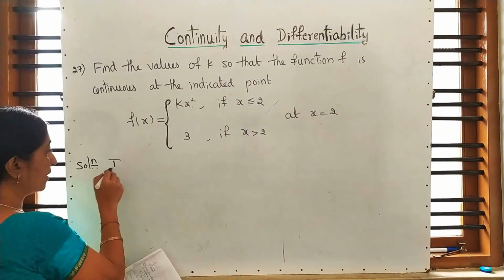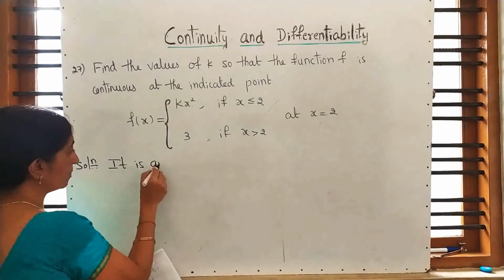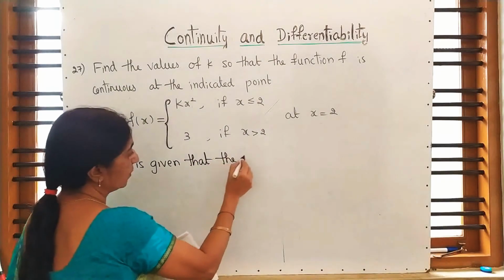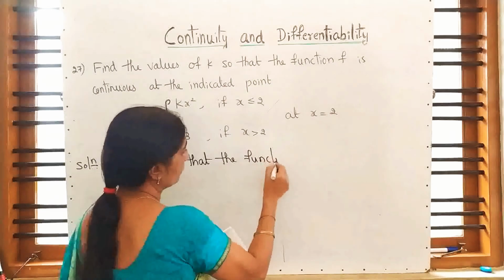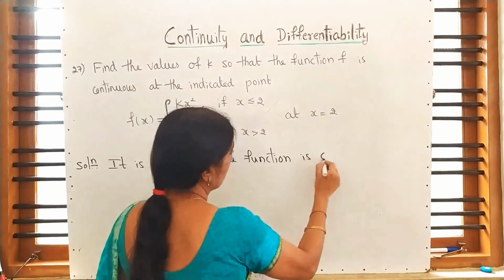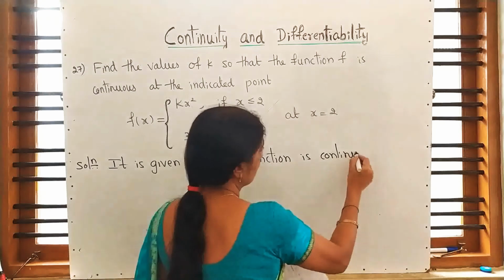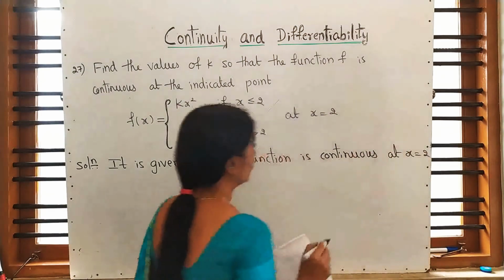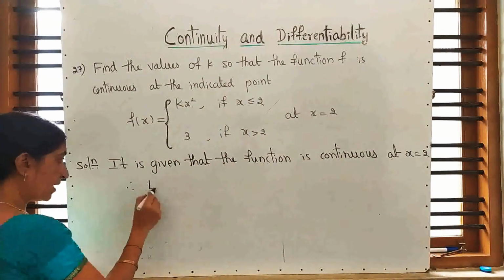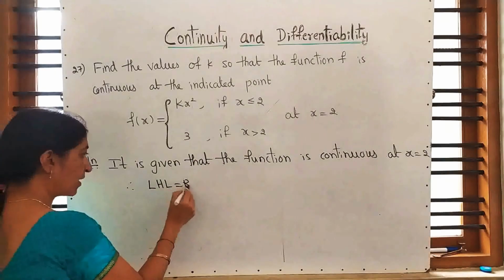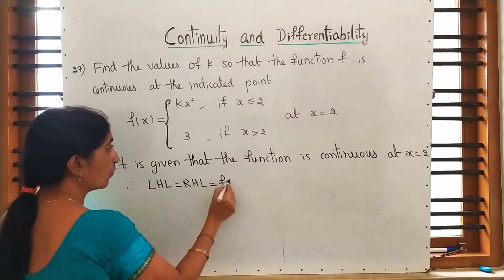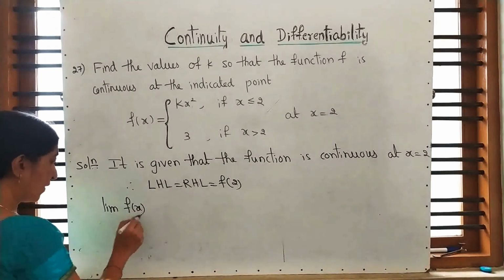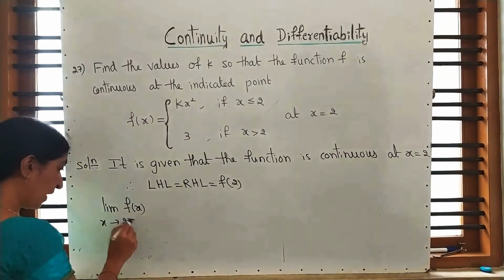So it is given that the function is continuous at x is equal to 2. So therefore, LHL is equal to RHL is equal to f of 2. How do you write LHL? Limit f of x as x tends to 2 minus.